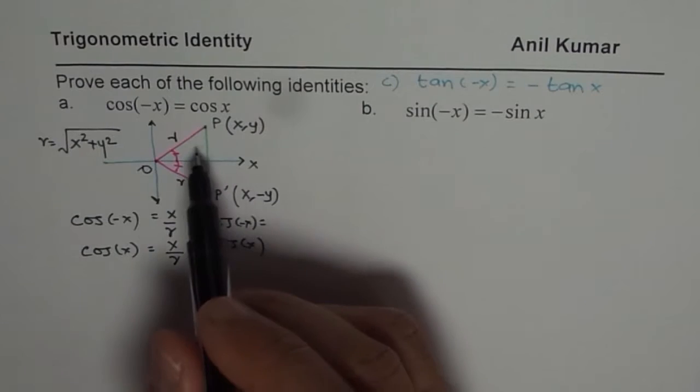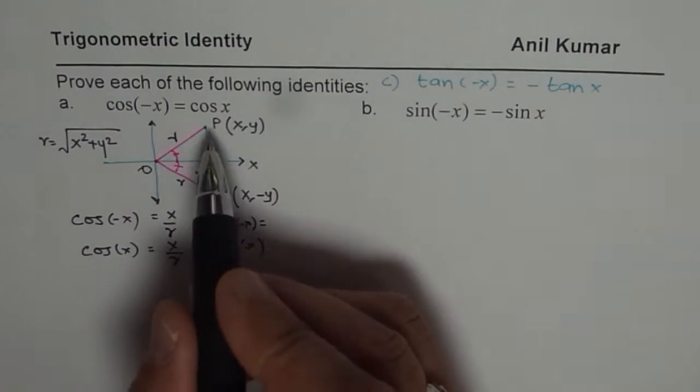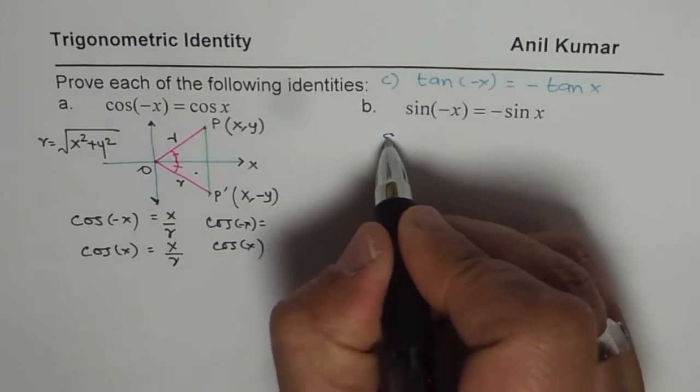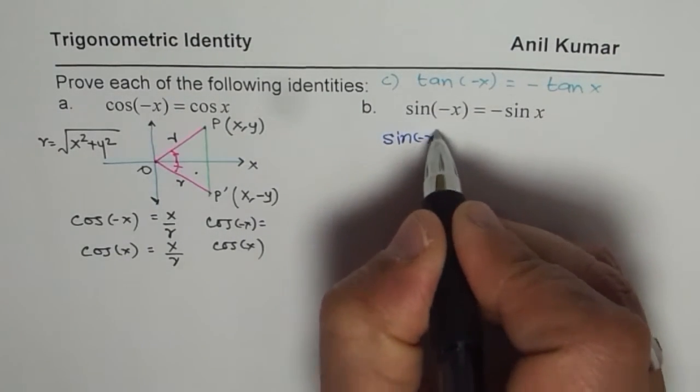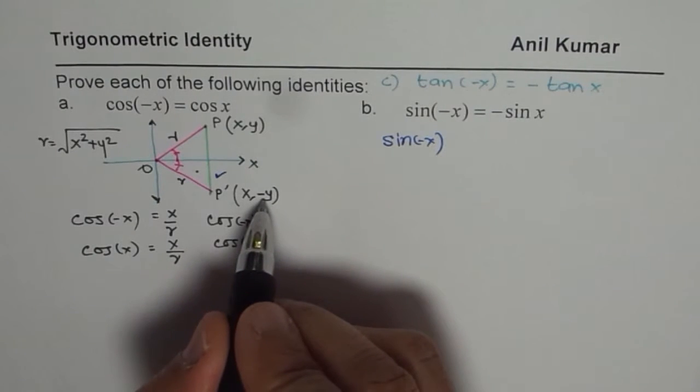If you do the same thing for sine, what do you get? I'm not sketching it again, but let us do the same thing for sine. Working in this particular triangle, the y value is minus y.